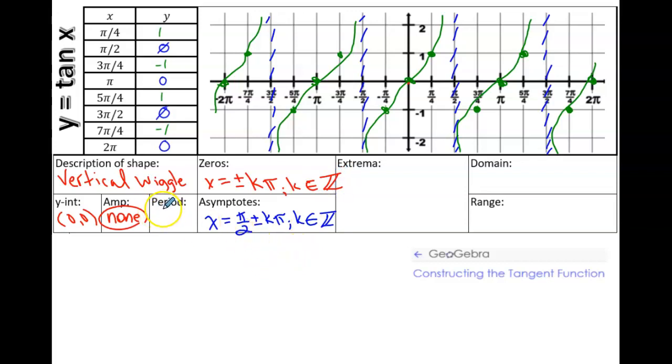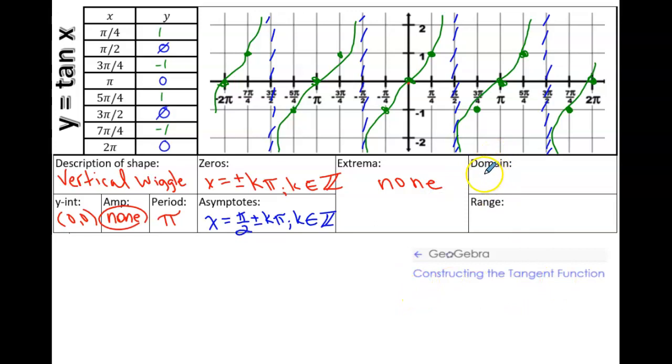Hey, the period has changed. All of our parent graphs for the previous trig functions, sine, cosine, secant, cosecant, those all had a period of 2 pi. Now this pattern repeats every pi units. So our period here is pi instead of 2 pi. There are no relative or absolute extrema in the tangent graph, so extrema is none.